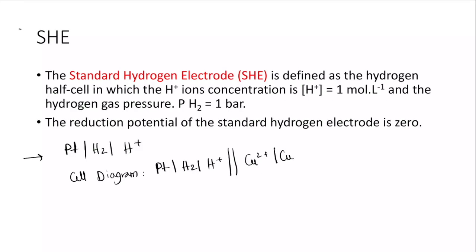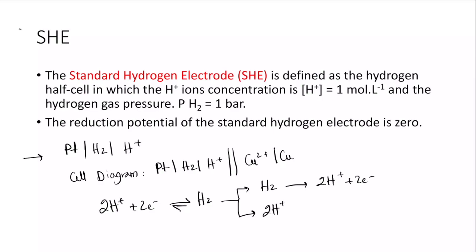And the reaction that occurs in the standard hydrogen electrode is 2H plus plus 2 electrons giving us H2. When I write these two arrows, it means that we can start from H2 undergoing oxidation to give 2H plus plus 2 electrons, or 2H plus undergoing reduction to become H2.